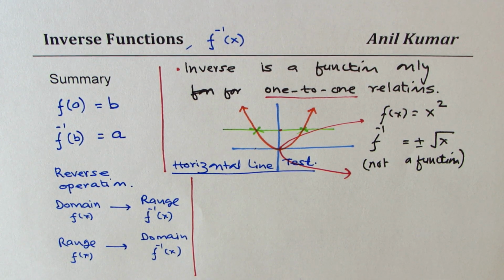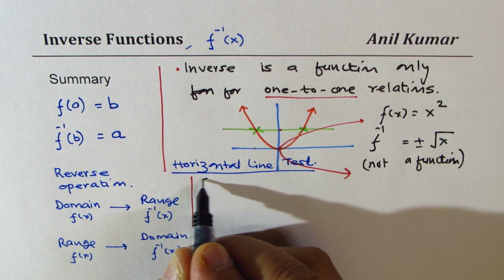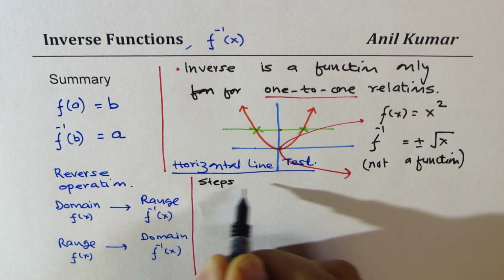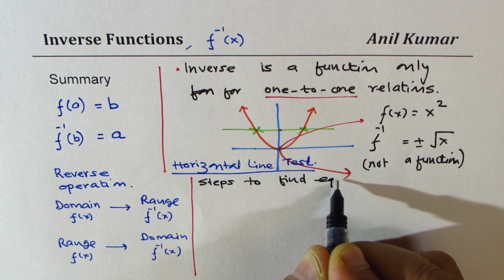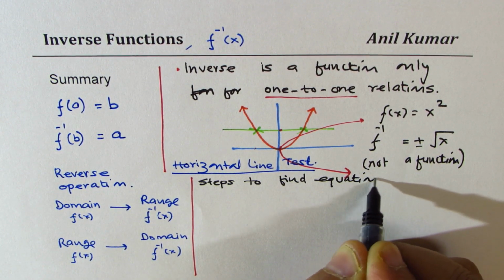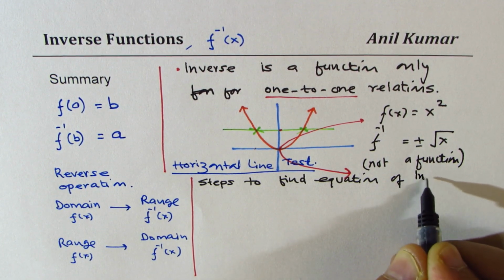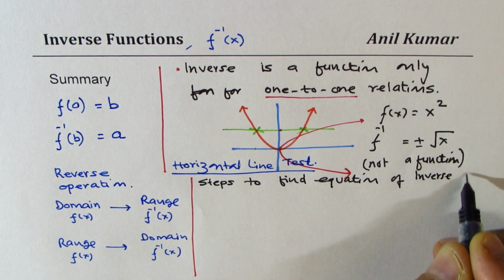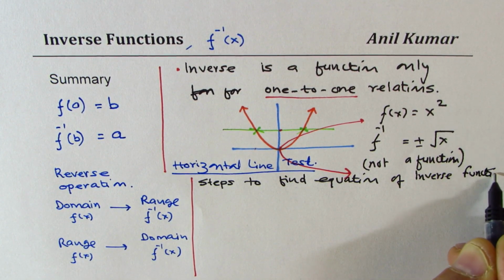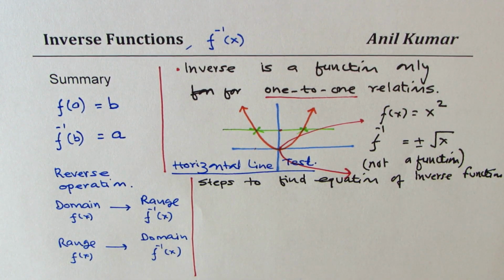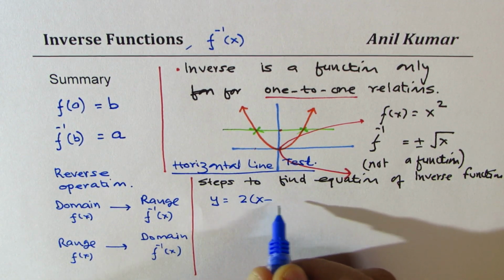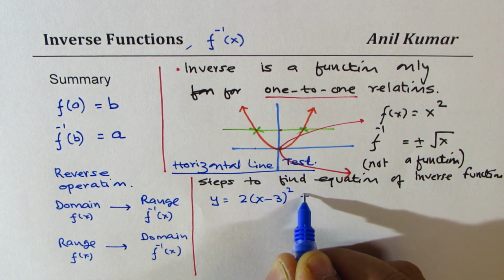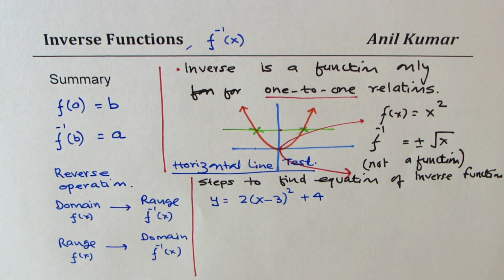Now we also learn steps to find equation of inverse function. We'll take one example to conclude. Let's say y equals 2 times (x minus 3) whole square plus 4, right?